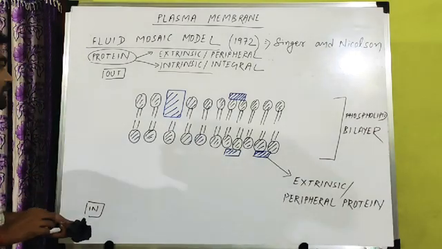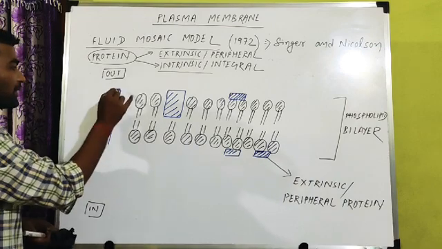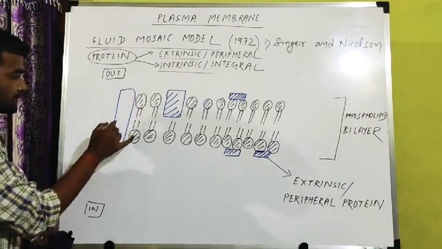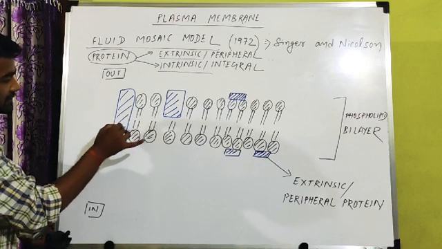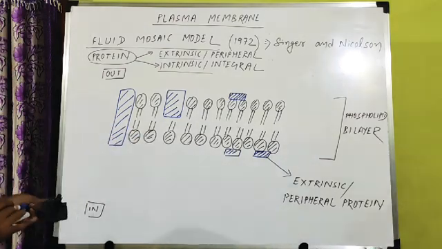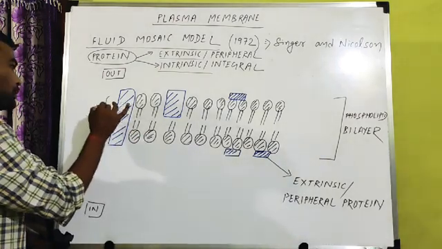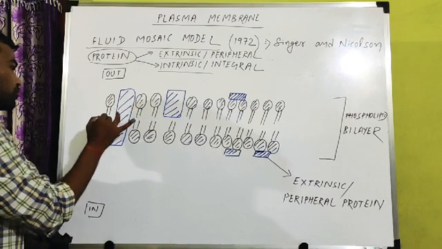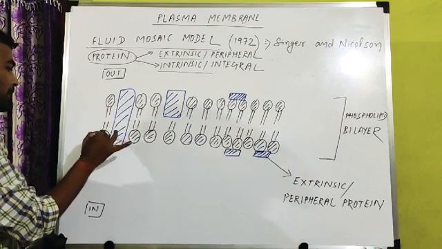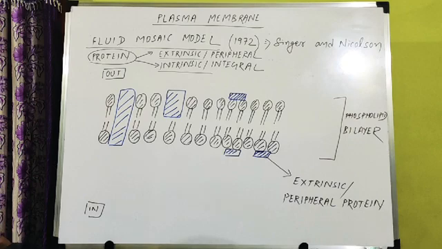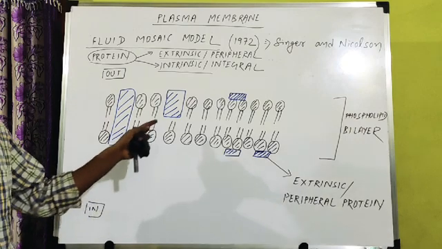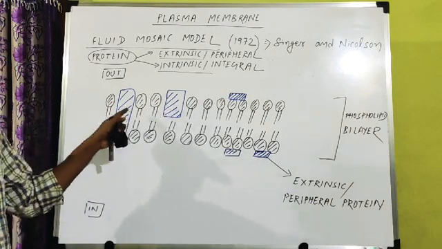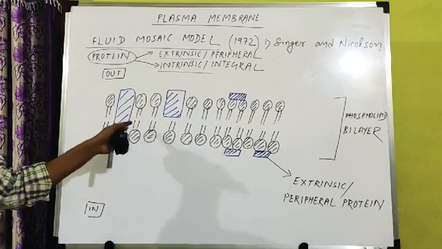But sometimes the proteins are embedded completely like this. So you can see in this diagram two types of embedded protein I have shown. Some proteins are embedded completely and some are embedded partially.